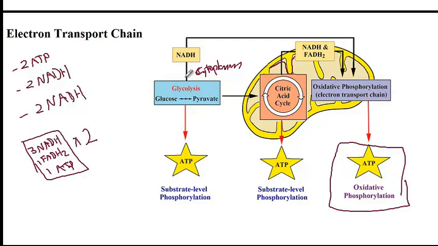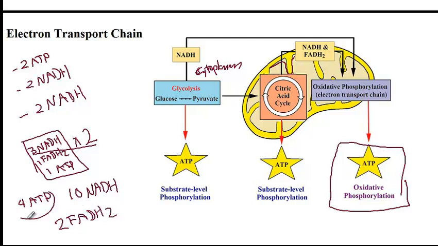So overall, all these reactions of glycolysis and citric acid cycle gave us 4 ATP, 10 NADH, so here 6 NADH right here, and then another 4 NADH there giving us 10 NADH, and 2 FADH2. So these 4 ATP are produced via substrate level phosphorylation.